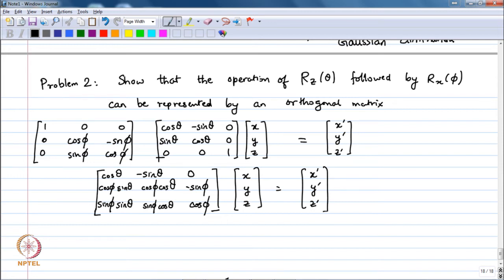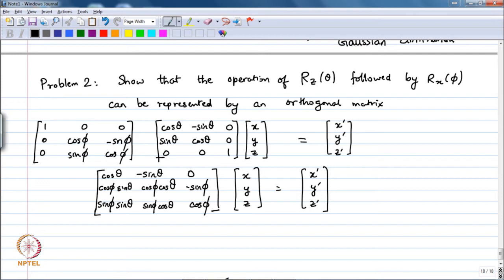Okay. Now, I will not do this explicitly, but you can show two things. You can show that this is an orthogonal matrix.